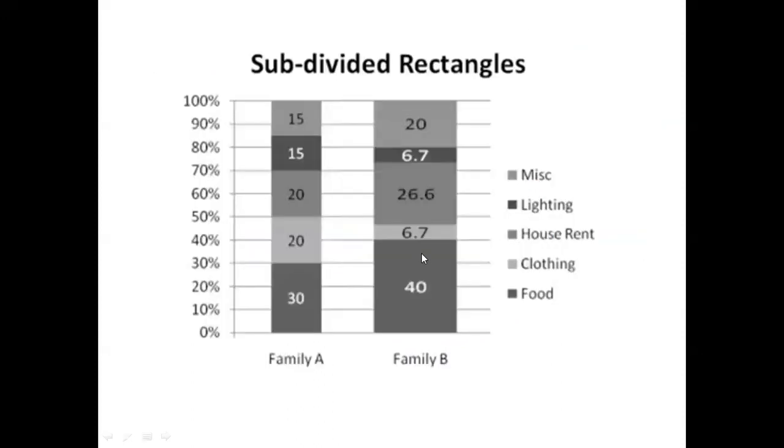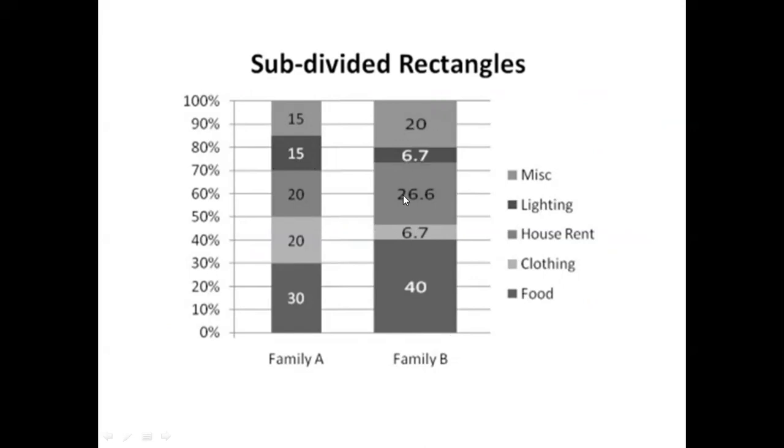See, that is the importance. So 46, see here, this is 40 and then 46 comes here, 46 plus 26, add them, that is equal to how much, that should be considered here. This way food item comes at the bottom, clothing, next house rent, next lighting, next miscellaneous on top.